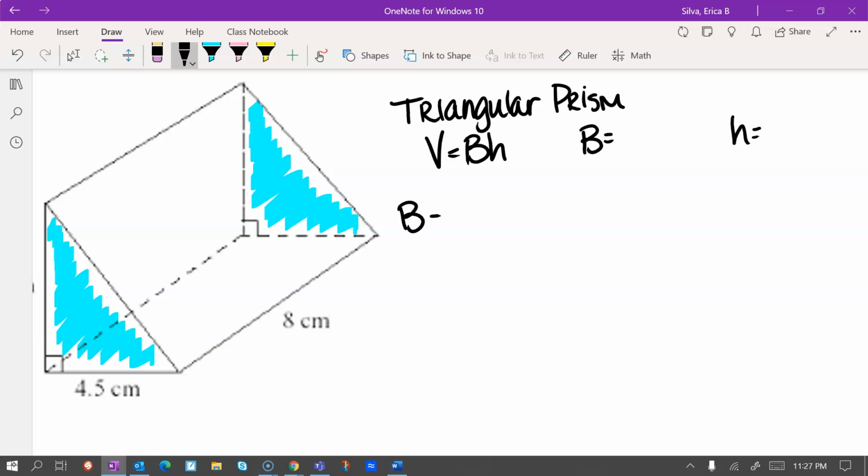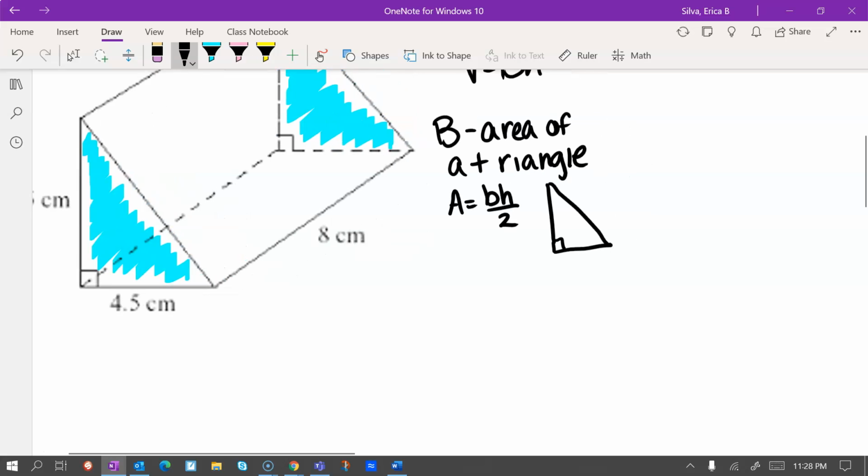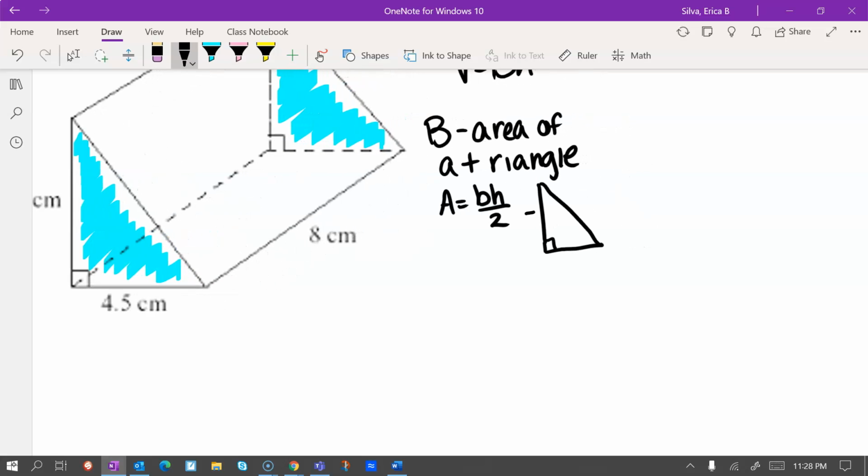So to find our capital B, we know we need to find the area of the base. In this case, we have the area of a triangle. Now the area of a triangle, the formula is base times height divided by 2. Now, because we want to reduce any confusion, we want to redraw that base with its measurements. So this is 5 and this is 4.5.